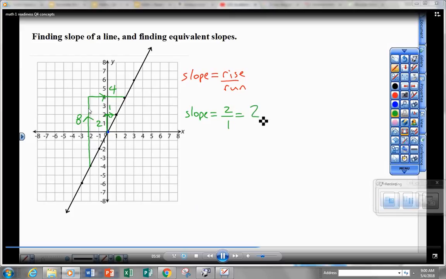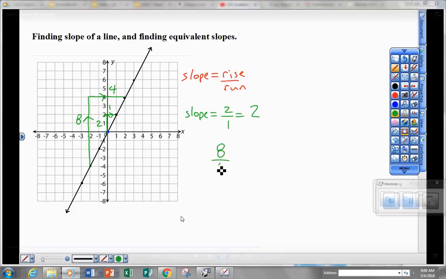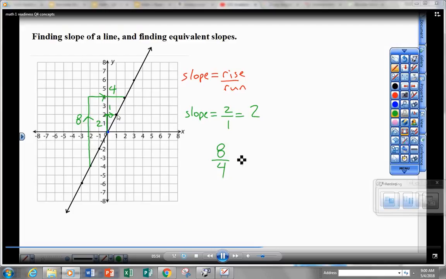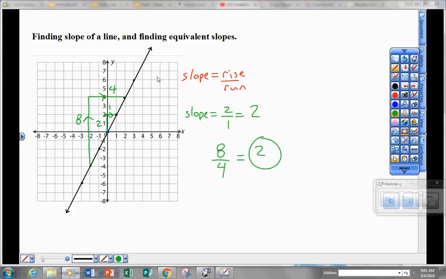So 8 over 4 is equivalent. That's the same slope. 8 over 4 is 2. That slope is on the same line, going to have a slope of 2. So 8 over 4. That's 2. Another way of showing a slope of 2 using a ratio or a little slope triangle.